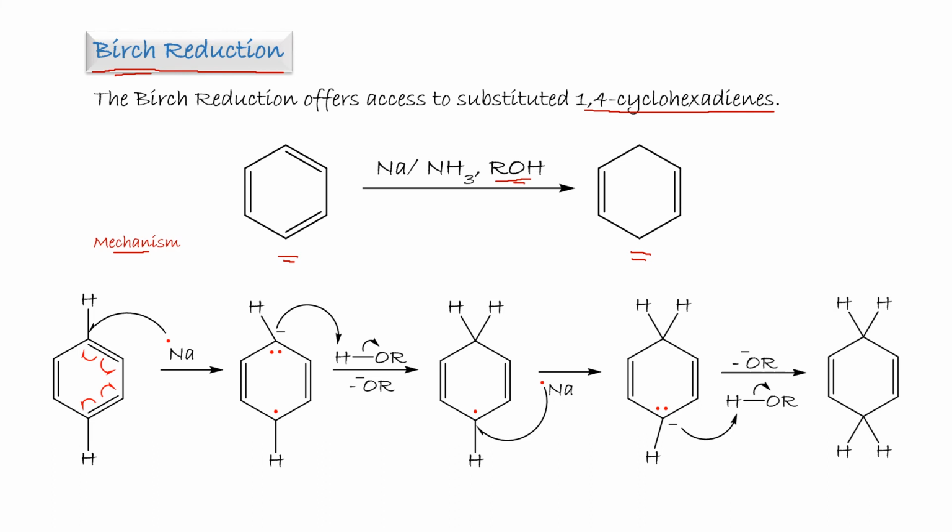Mechanism: the sodium donates 1 electron to the ring. Here is homolytic fission. That leaves an anion on this position and a radical on that.